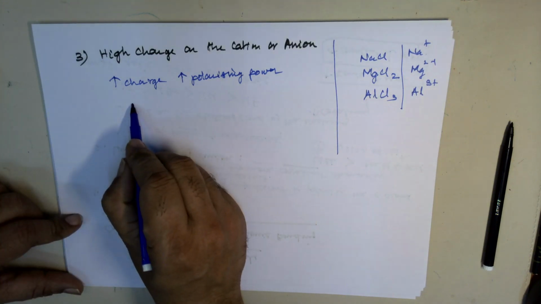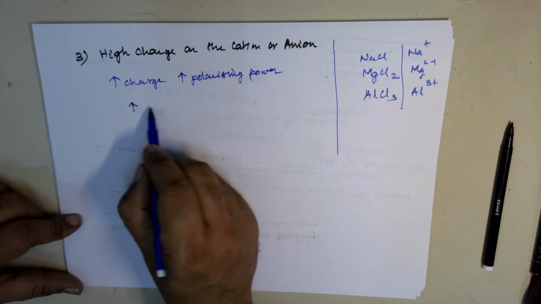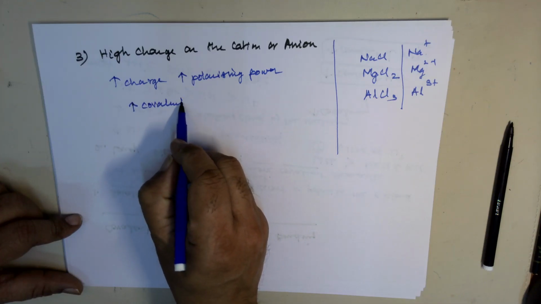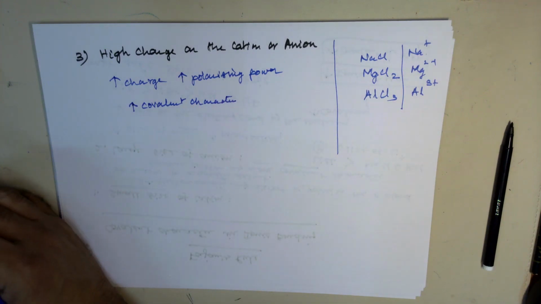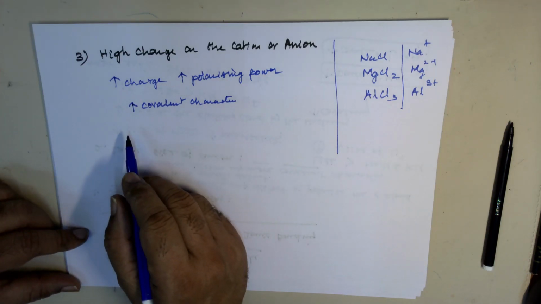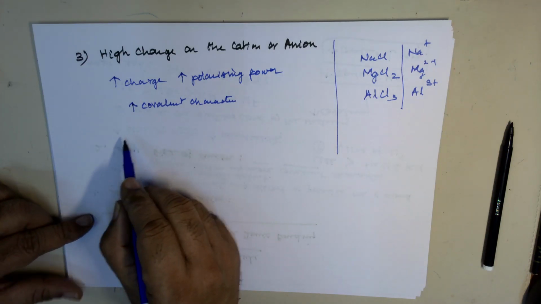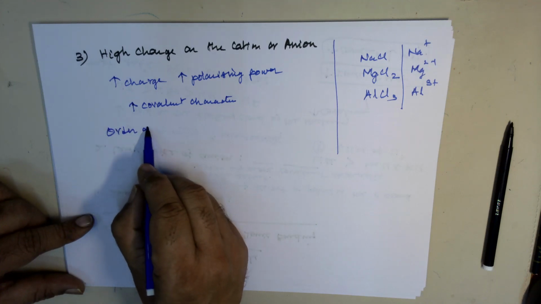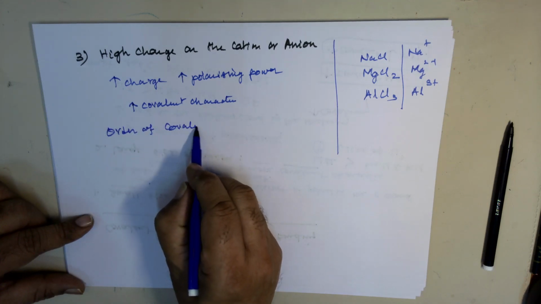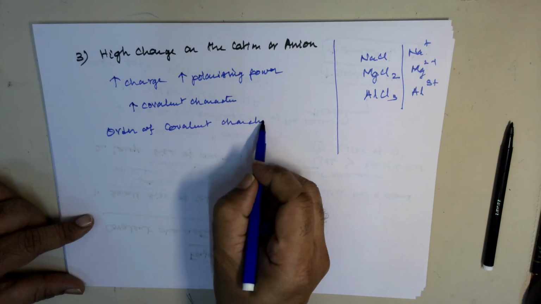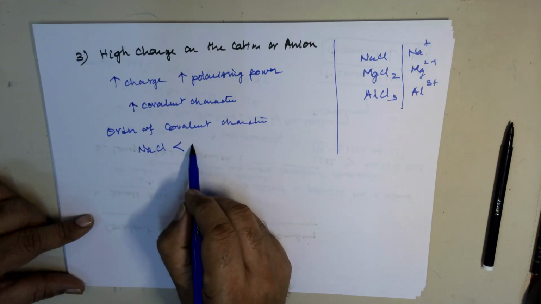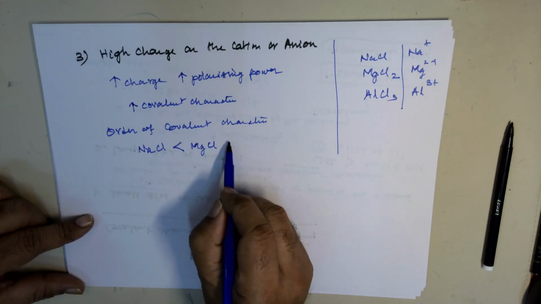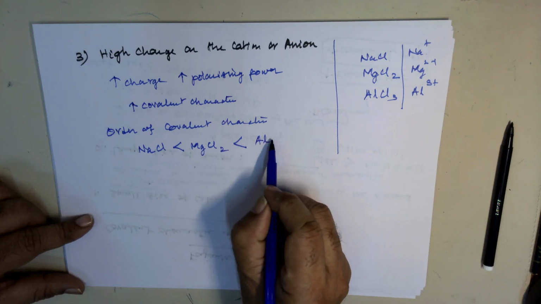Hence, there is an increase in the covalent character. Therefore, the order of covalent character will be sodium chloride is less than magnesium chloride, and magnesium chloride is less than aluminum chloride.